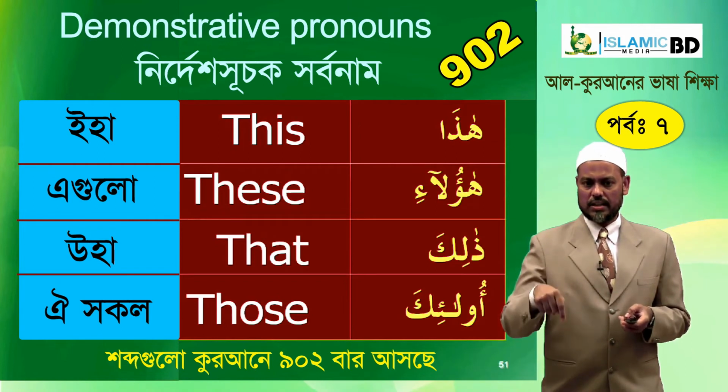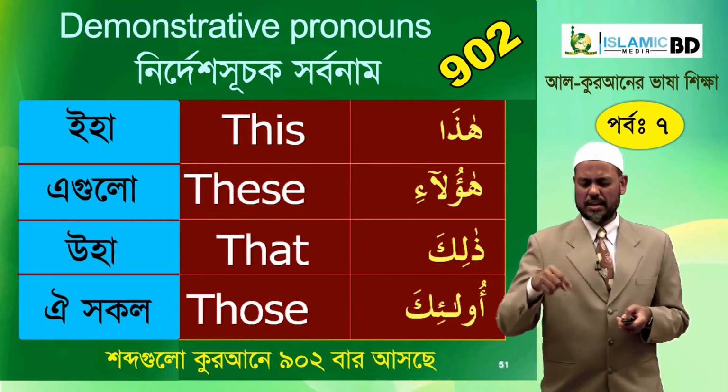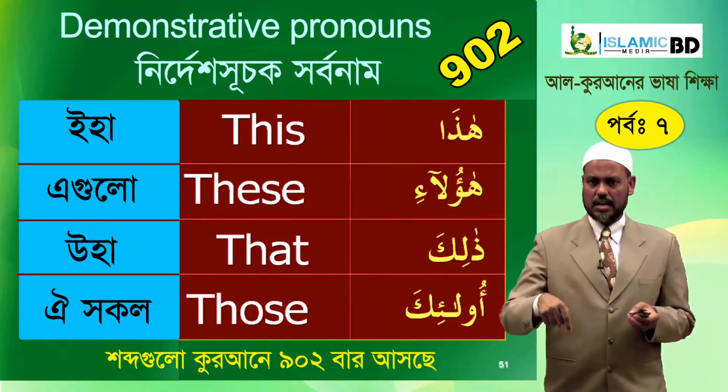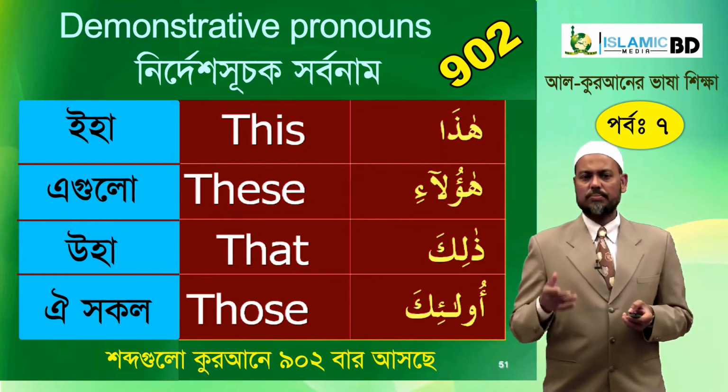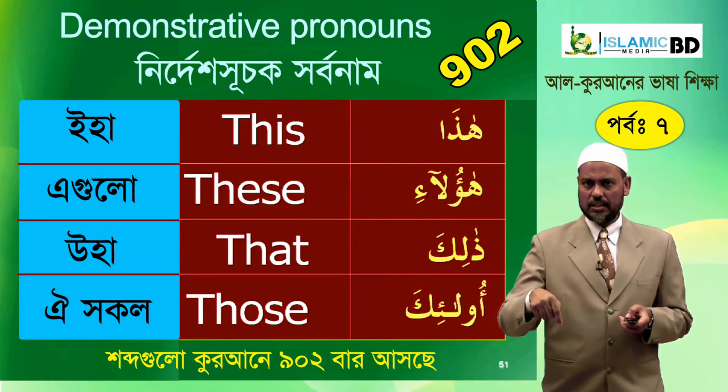Can you translate? Hadha. Haulai. Dhalika. Ulaika. Hadha, this. Haulai, these. Dhalika, that. Ulaika, those. Can you repeat after me in Arabic?